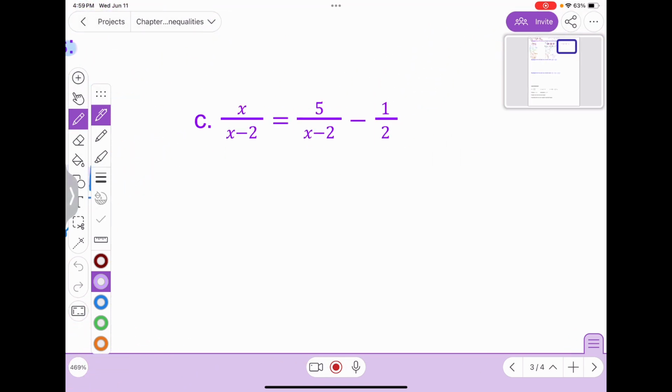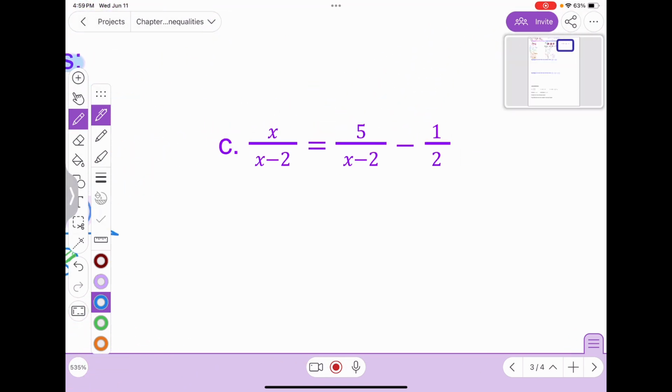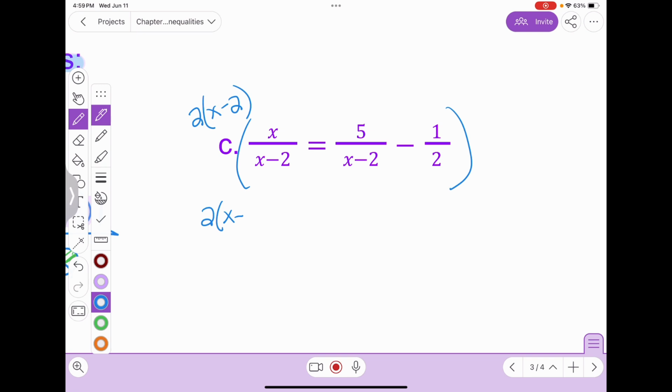So this one over here, what would I multiply by? Well, we have a 2 on one of the denominators. We have an x minus 2 on the other denominator. So now we have to multiply each piece. So for the first fraction, it's going to be 2 times x minus 2 times x over x minus 2. We did that fraction.